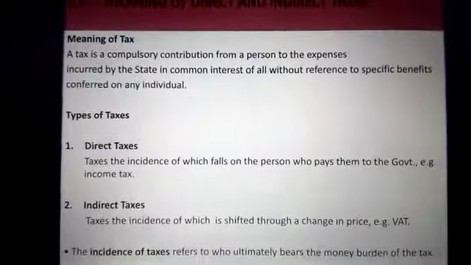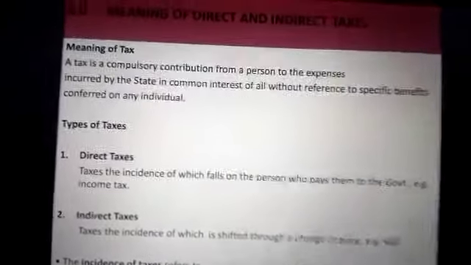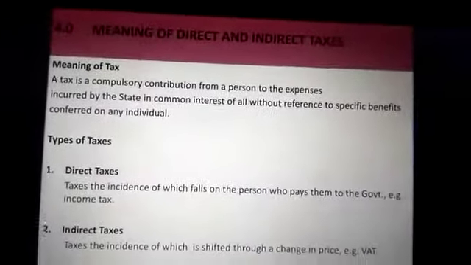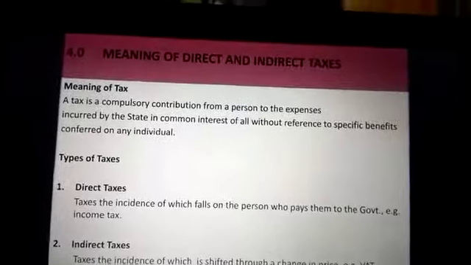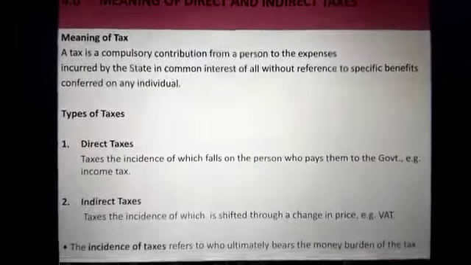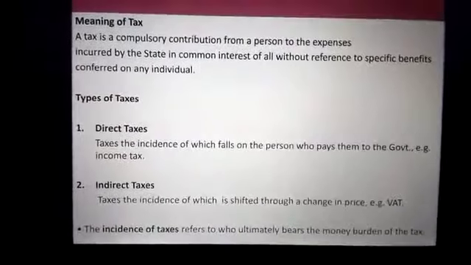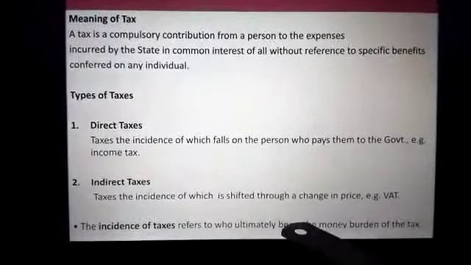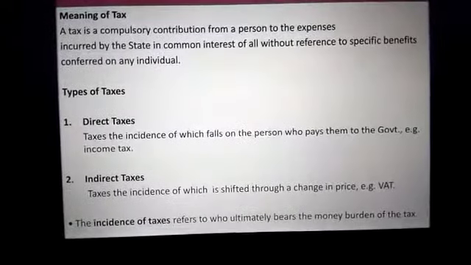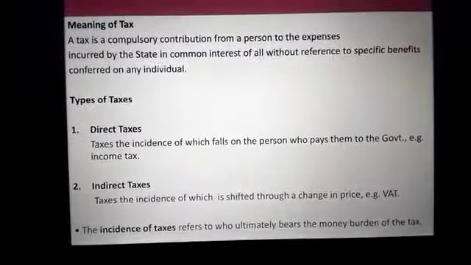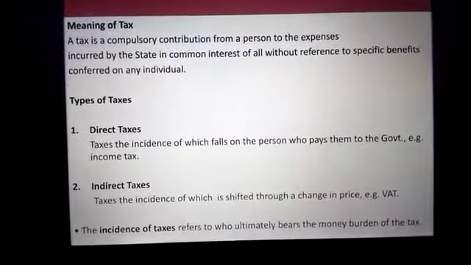The seller is supposed to pay it, which implies that his profit will fall from 5 rupees to 3 rupees because he has to pay 2 rupees tax to the government. Got it? Now, since his profit has fallen, he will try to increase his profit somehow. What will he do?